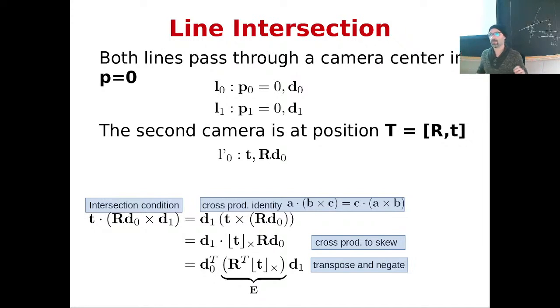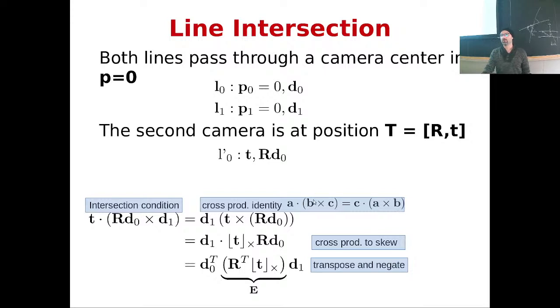Okay, guys? Now, having written the intersection condition, if you go on Wikipedia and find a bunch of identities, algebraic properties of the cross product, we could manipulate this intersection condition. By using this expression over here, A dot B cross C is equal to C dot A cross B. This is one of the algebraic properties of the cross product, how it distributes with respect to the dot product.